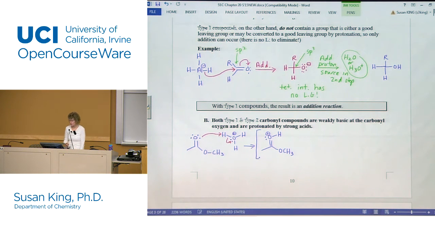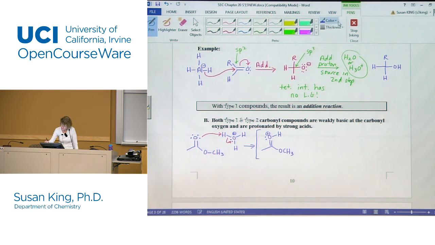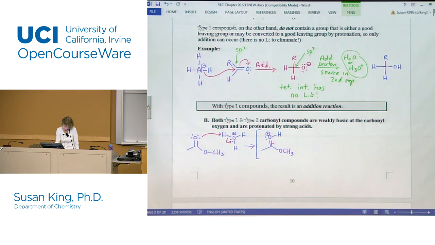And this protonated ester is resonance stabilized. So let's draw some resonance structures for it. We can move electrons. We can break this pi bond and move electrons onto oxygen to relieve that positive charge. We can do that.